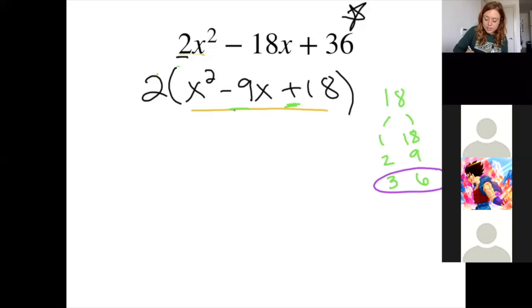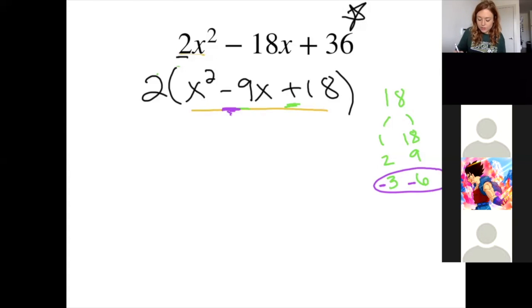And then this number tells me that they both have to be negative. Negative 3 plus a negative 6, or negative 3 minus 6, would give me negative 9. So again, the sign in front of the c tells me whether I'm adding or subtracting those factors, and the number in front of the b tells you what the signs are.